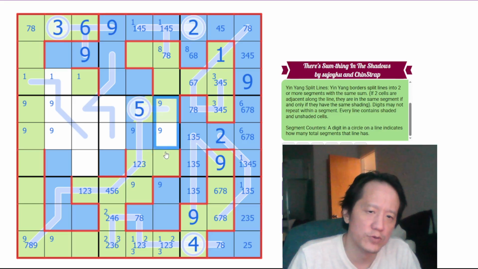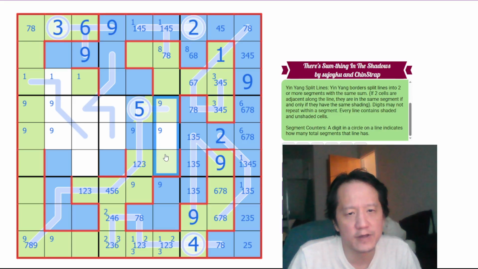If this is blue, this has to be green going down that way. If this is green, that doesn't really tell us much. Anyways.